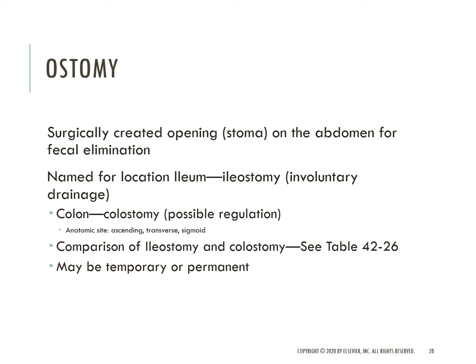So that's where an ostomy comes in. If there's not enough bowel to go all the way to the rectum and the anus, they'll have that little outpouching in the abdomen to allow for fecal elimination. If this occurs at the colon, it's referred to as a colostomy, and then ileostomy involves the ileum.